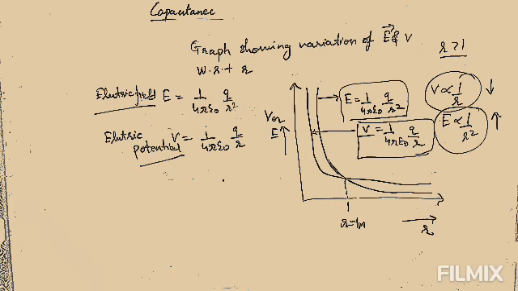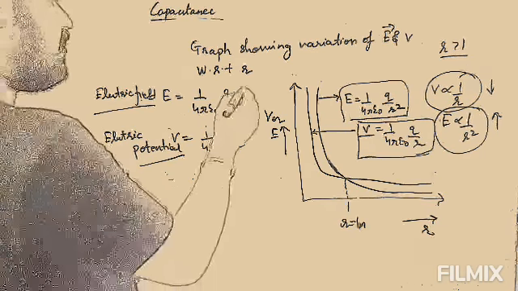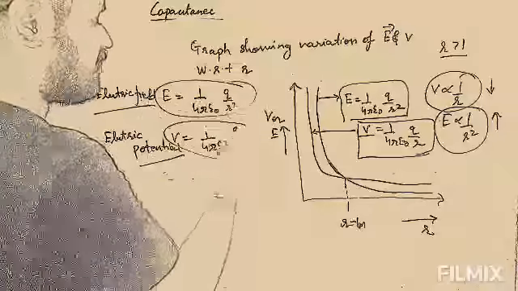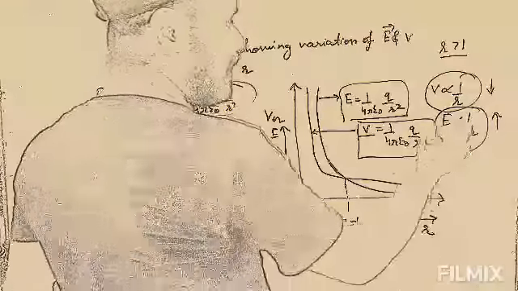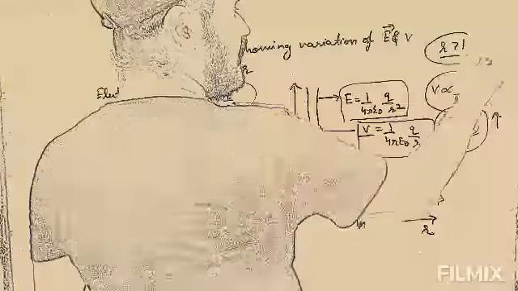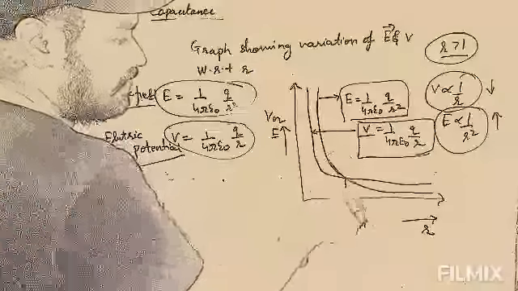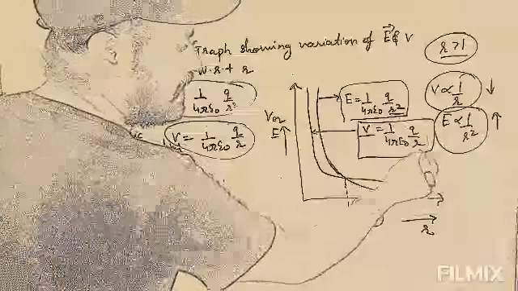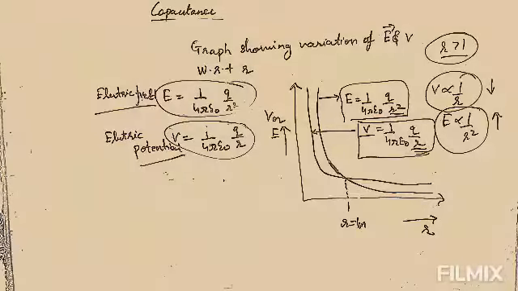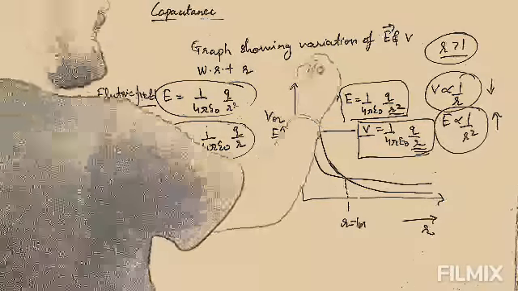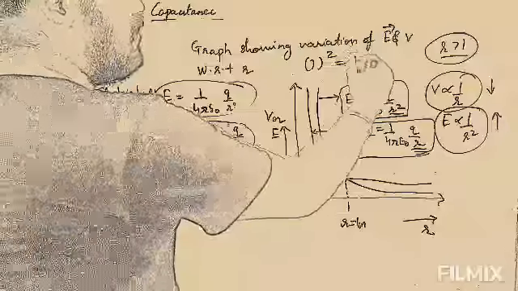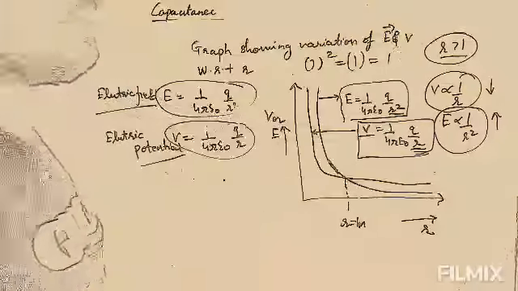So this type of graph shows us the variation of electric field and electric potential together with the distance. Up to 1, it is proportionate, because r square and r are both 1 when r is 1. Either you take 1 square or you take 1, both are equal to having value 1.